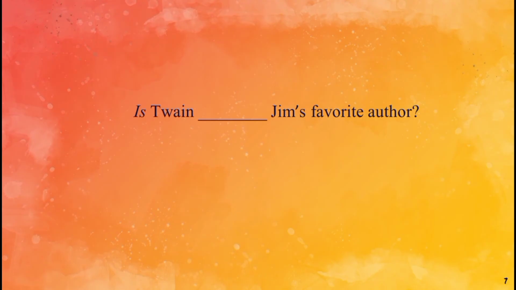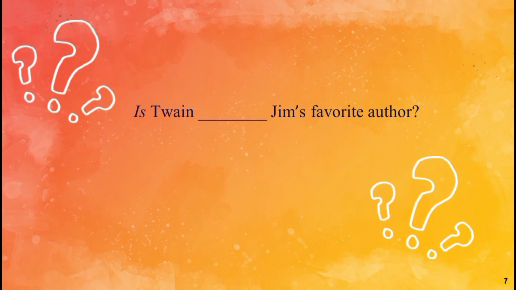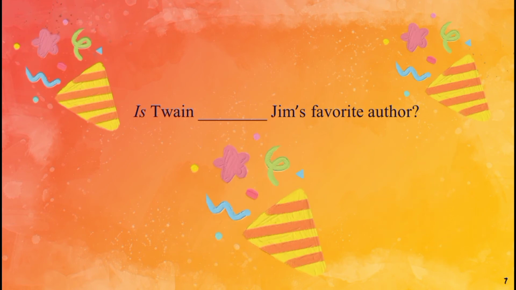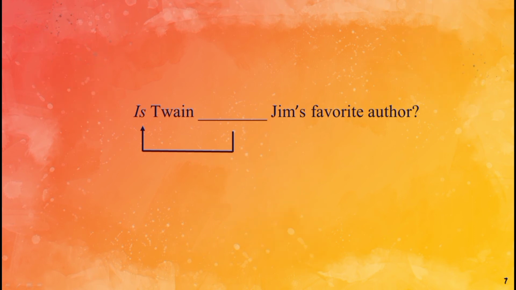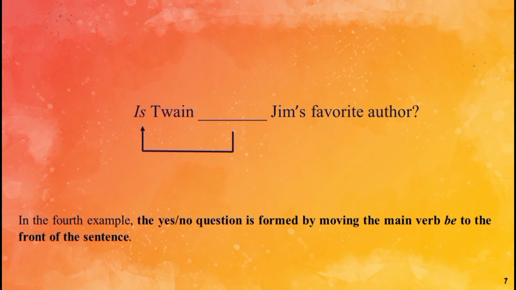How about in our fourth example? How was it formed? Very good if you said that the yes or no question is formed by moving the main verb be, which is the word is, to the front of the sentence.